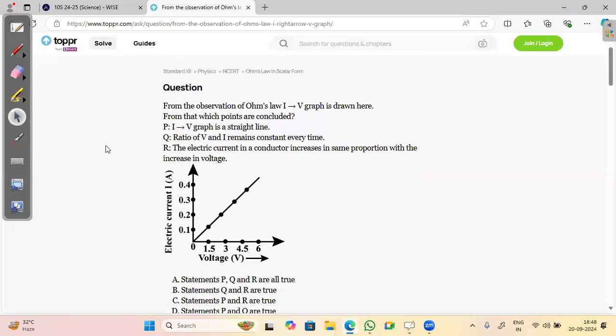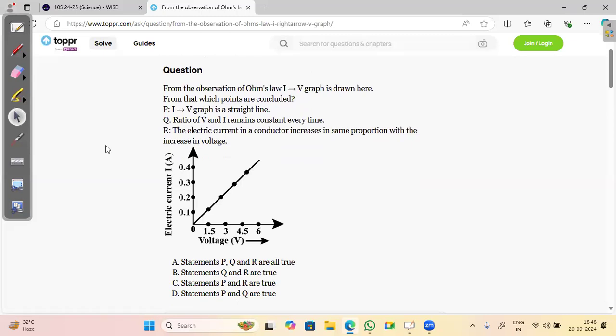Yes, so see this question. From the observation of Ohm's law, an IV graph is drawn here. From that, which points are concluded? First, statement P: IV graph is a straight line. The second, Q: ratio of V and I remains constant every time.